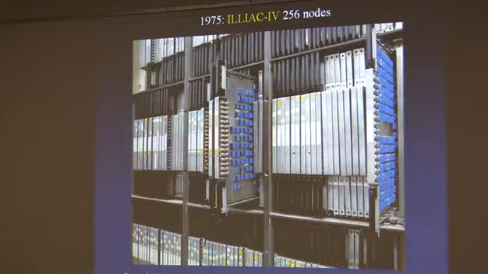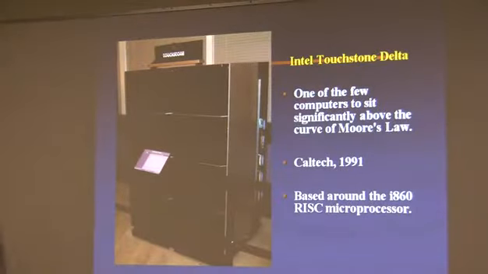Each of these circuits represented a different central processing unit. This next machine is very, very close to my heart, because I did my Ph.D. work on it. This is the Intel Touchstone Delta, and it was built at Caltech.